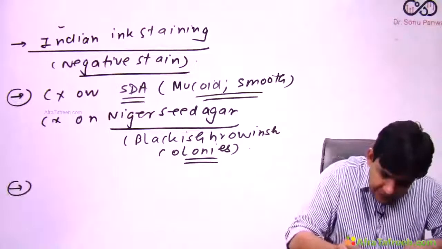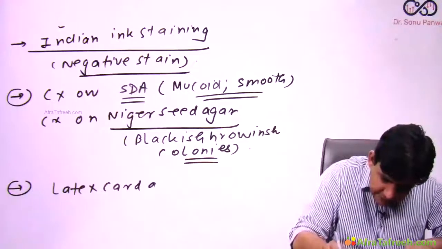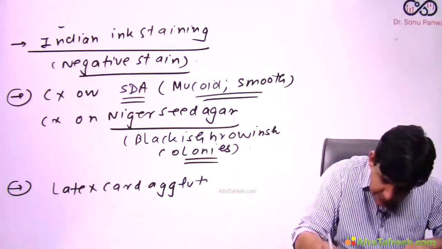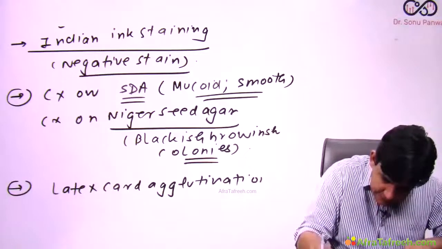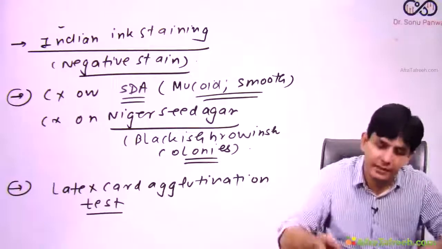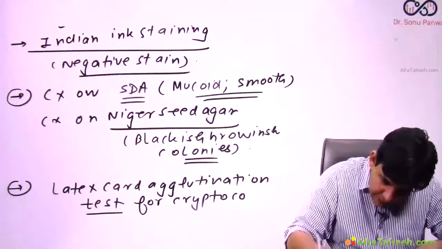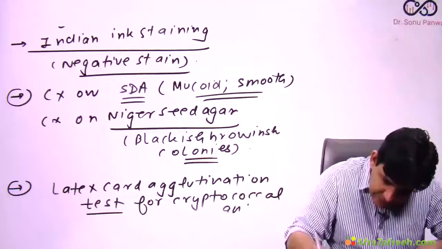Then you have a test known as the latex card agglutination test for cryptococcal antigen.